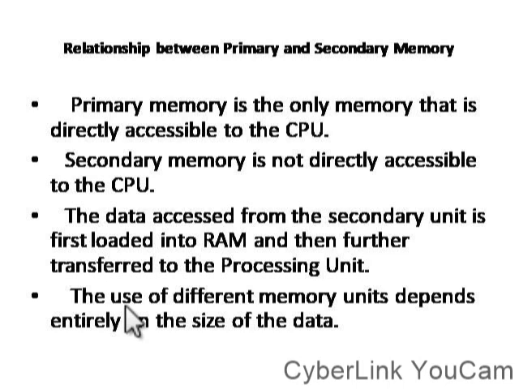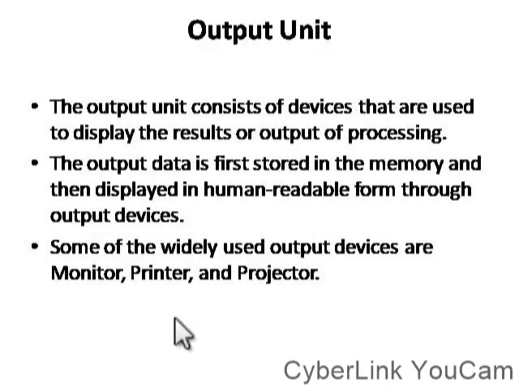Primary memory is the only memory that is directly accessible to the CPU, and secondary memory is not directly accessible to the CPU. This is the point to be indicated. The data accessed from secondary memory is first loaded into RAM and then further transferred to the processing unit. The use of different memory units depends on the size of data.